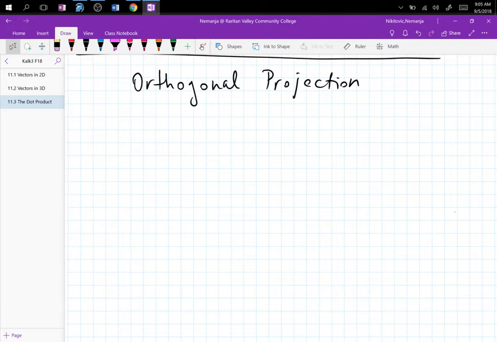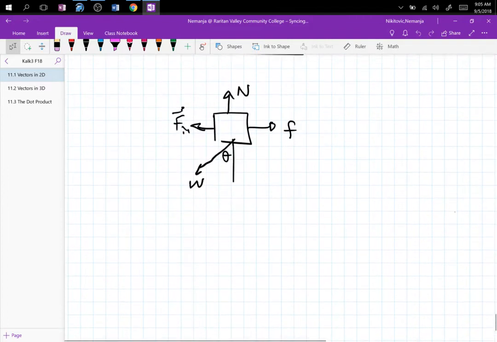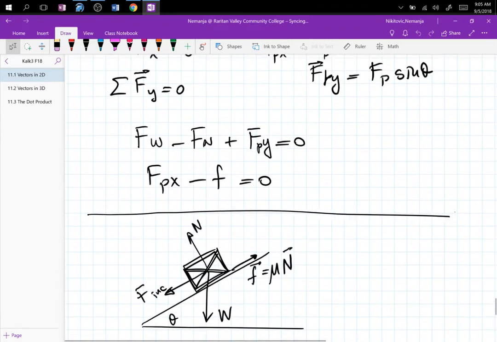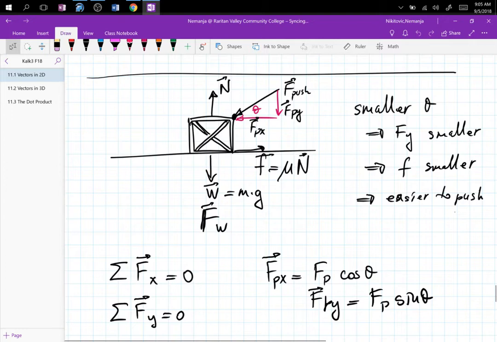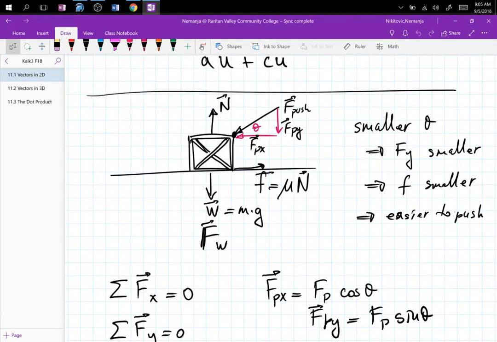We touched briefly on physics in these examples, especially in this example with a crate, where I talked about you making it worse for yourselves when you are pushing an object and you lean on it at an angle.